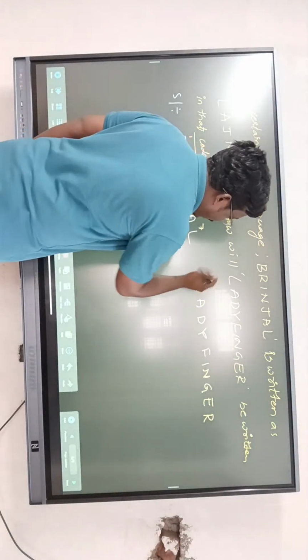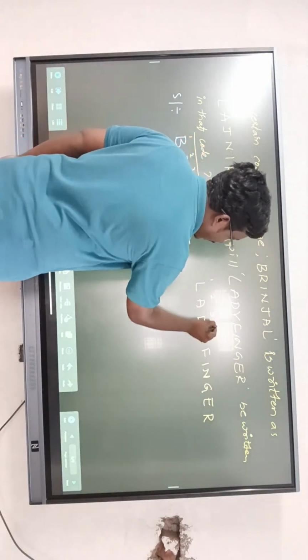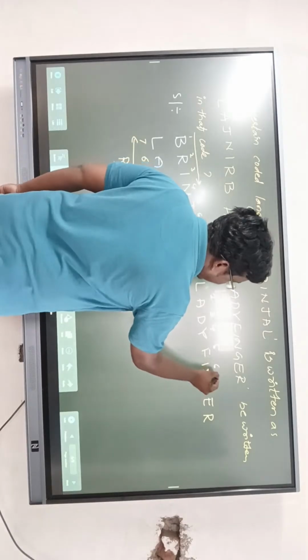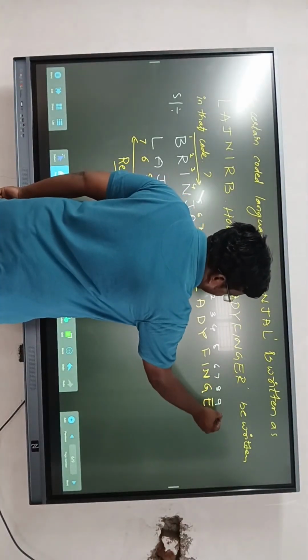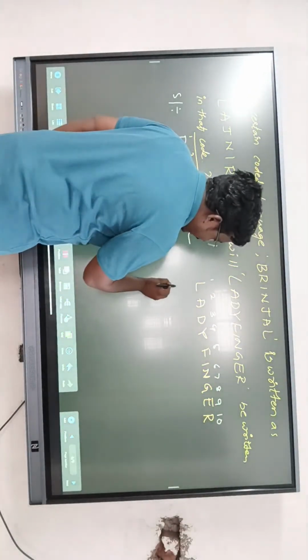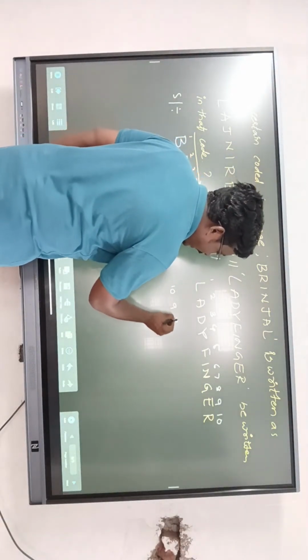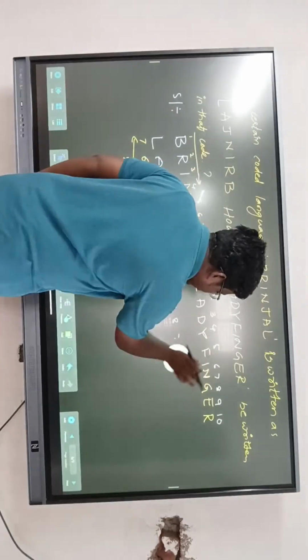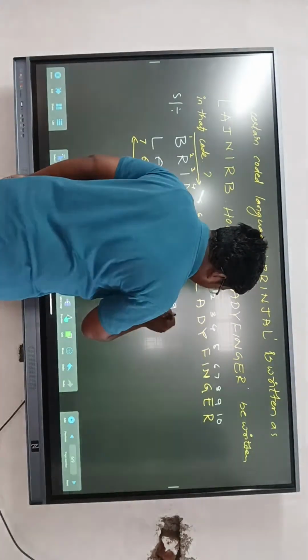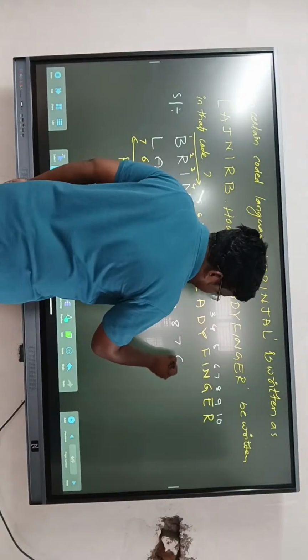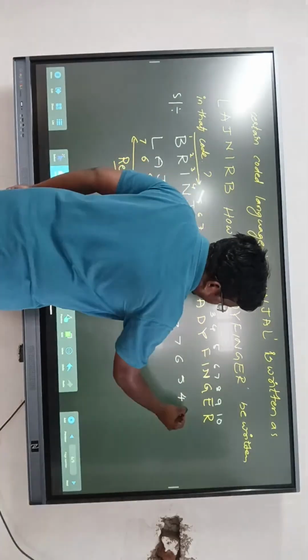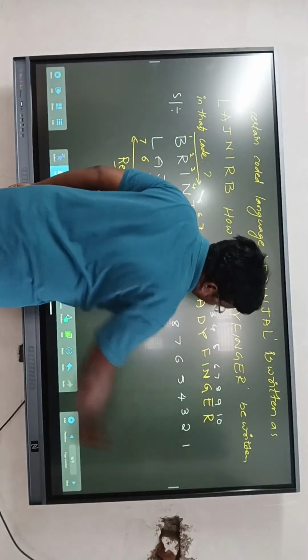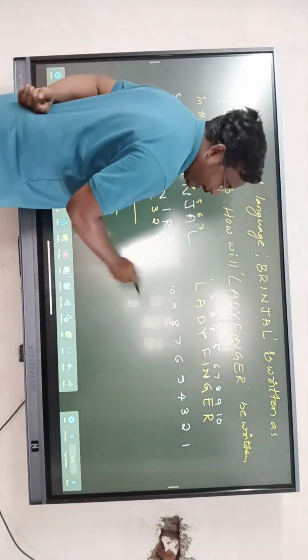First we can give the numbers 1, 2, 3, 4, 5, 6, 7, 8, 9, 10. So what is the 10th letter? 10, 9, 8, 7, 6, 5, 4, 3, 2, 1. So what is the reverse order we will get here?